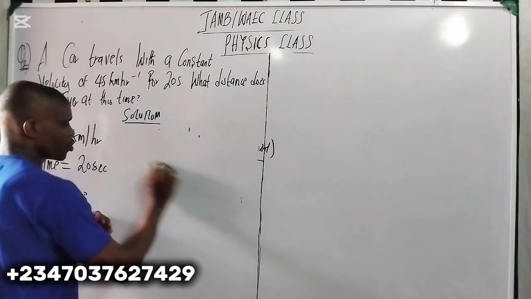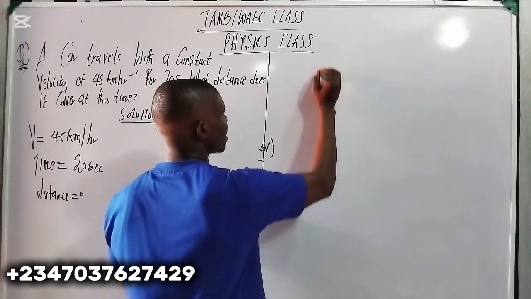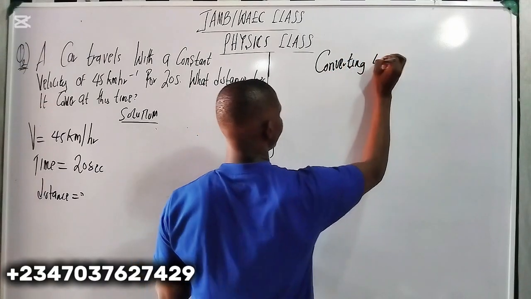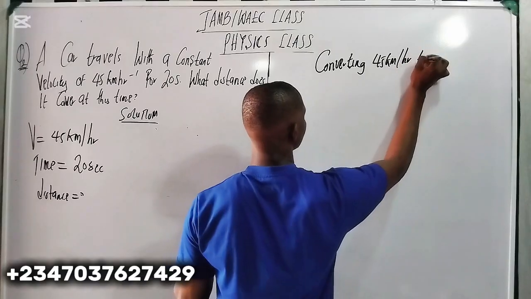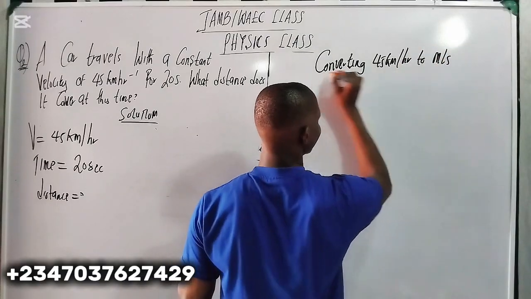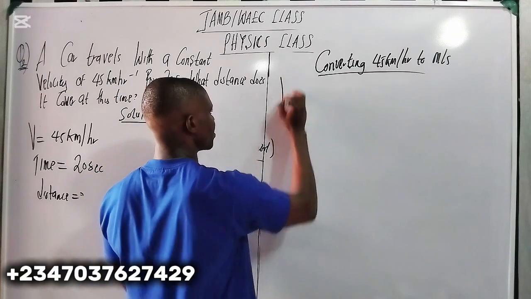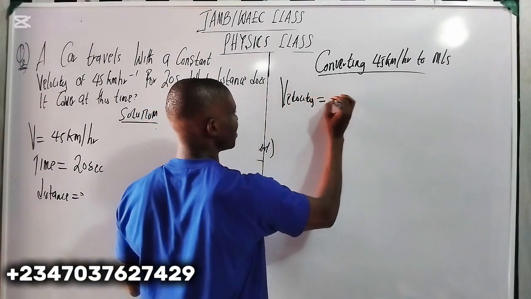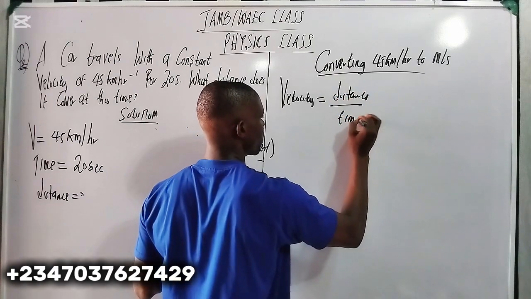Okay, let's write here. Converting 45 kilometer per hour to meter per second. Now please pay attention. When you talk about velocity, you know that is distance or displacement over time, right?